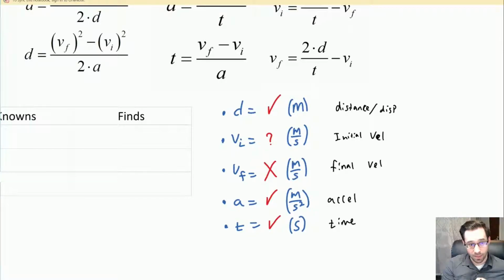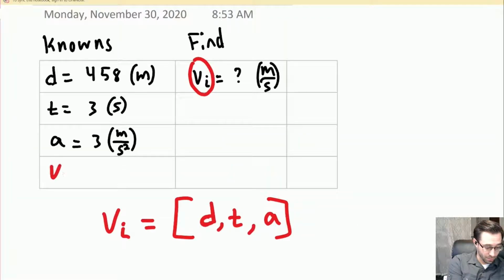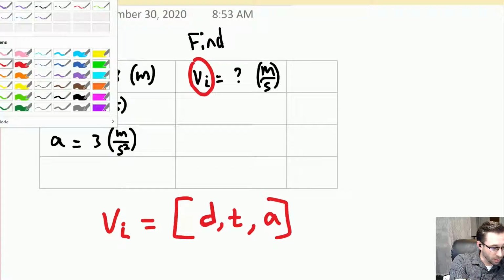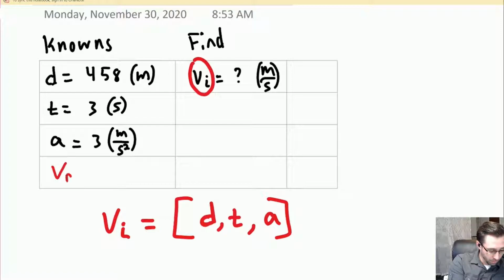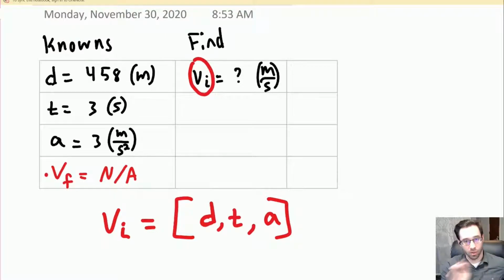So anything that has final velocity in the equation, I cannot use. So anything that has v sub f in it, I mark out.